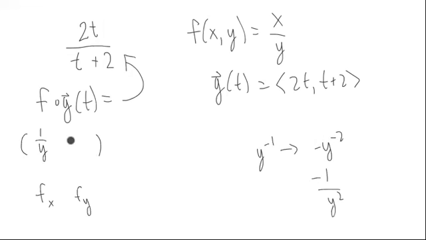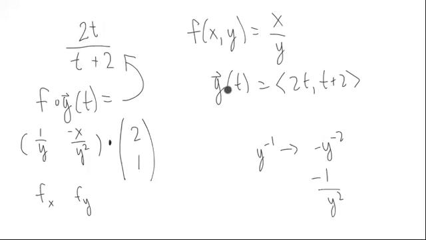So we could think of this as being negative x over y squared. All right, so that's the derivative of f. The derivative of g is just the derivative of this, which is 2 and 1.